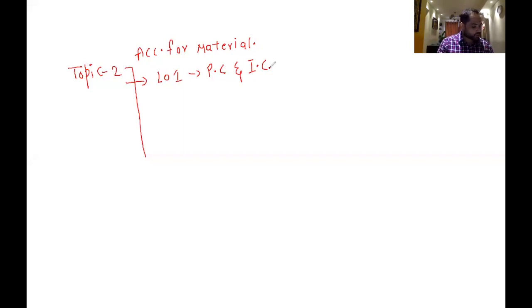And for investment control, you also need to understand economic order quantity. All right, economic order quantity mainly focuses on minimizing the holding cost and the ordering cost.